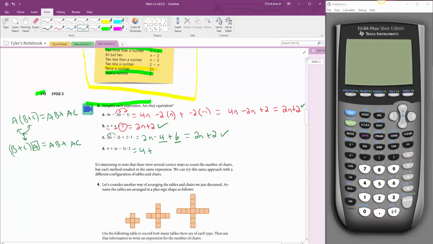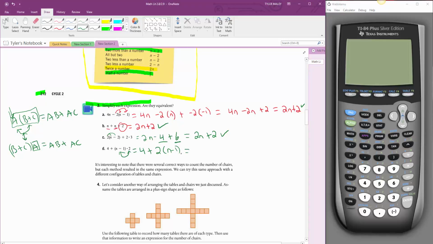We might get used to seeing distributive property look like this, where you have the single factor term on the left, but it's still the same thing. So if this bothers you, I could rewrite this as 2 times n minus 1. I can just swap these two factors around, using the commutative property of multiplication.